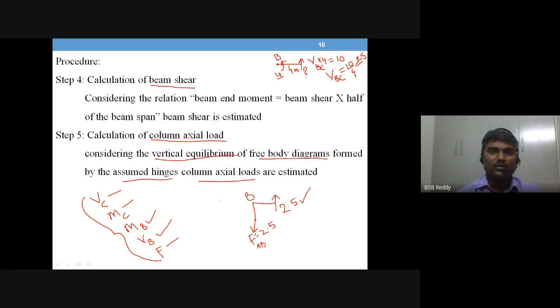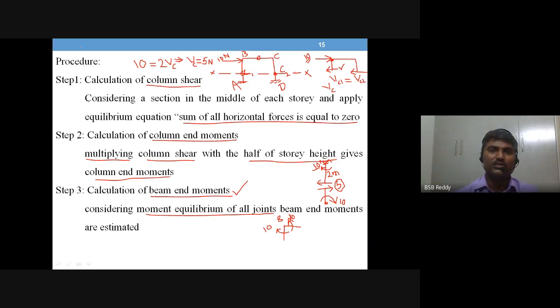So we have started with the 2 assumptions made by the portal method. You are following the portal method, which has 2 assumptions to make the structure determinate. The first assumption is that each member has a point of contraflexure, or imaginary hinge, at the middle of each member.